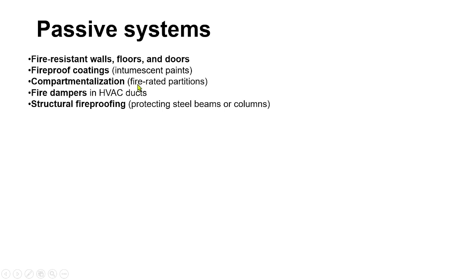This is also part of the passive system, installed in the HVAC system. The last one is structural fireproofing. Sometimes we have steel beams in our building and also concrete beams. We need to do fireproofing so that in case of fire our structure will not be damaged. So these are our parts of the passive system.